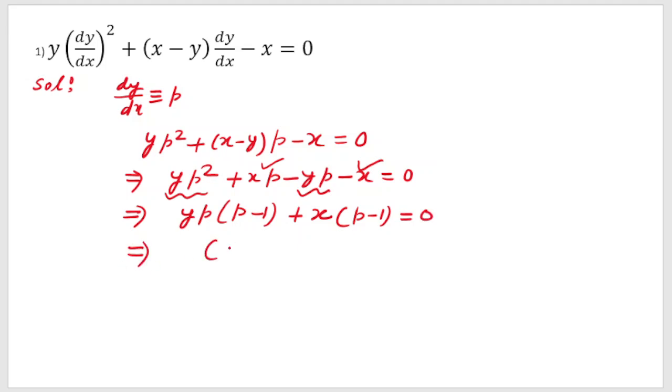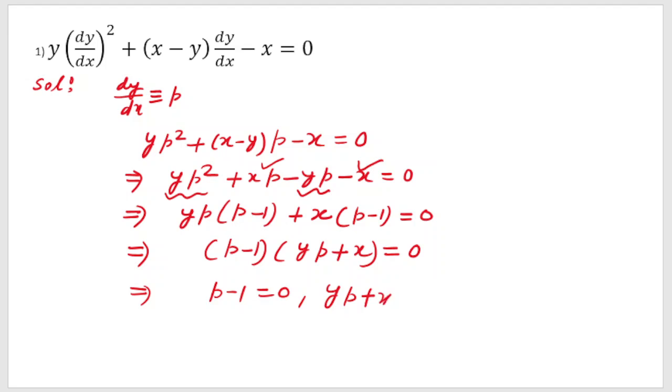Now we have p minus 1 and we have yp plus x. This product is equal to 0. Now since this product is equal to 0, we are getting two different equations. It means that either p minus 1 is equal to 0 or yp plus x is equal to 0.